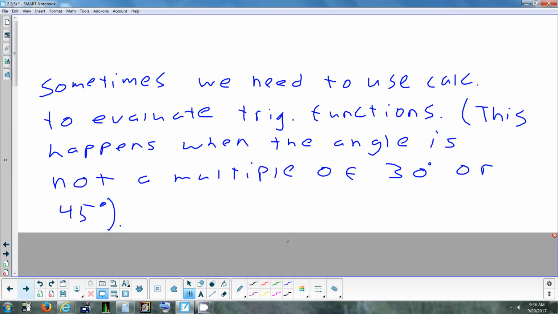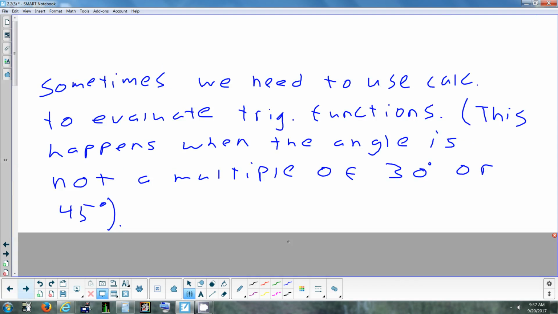Okay, so last thing we'll look at is the calculator. So we've used unit circle trig to find sines, cosines, all that stuff, but the angle had to be a multiple of 30 or 45.